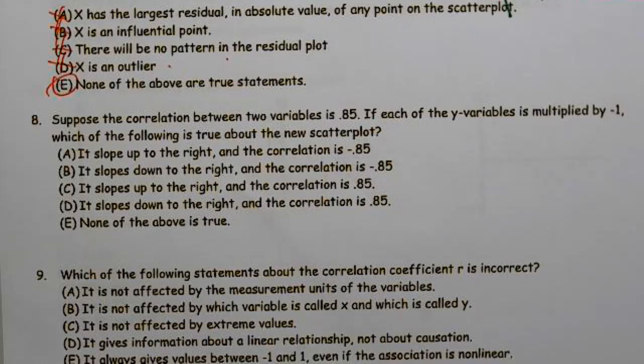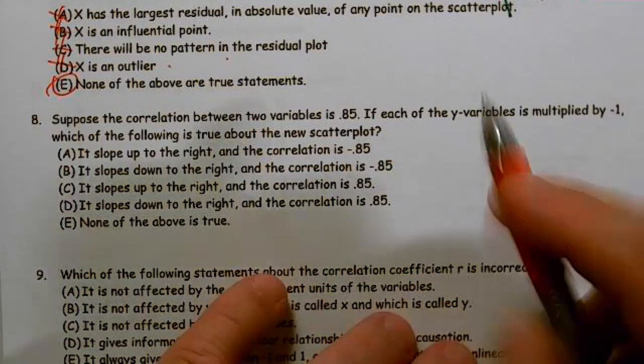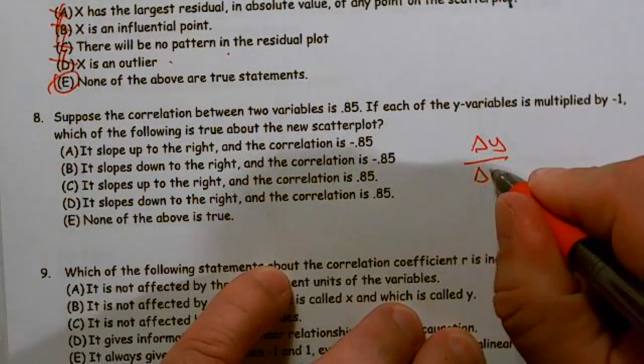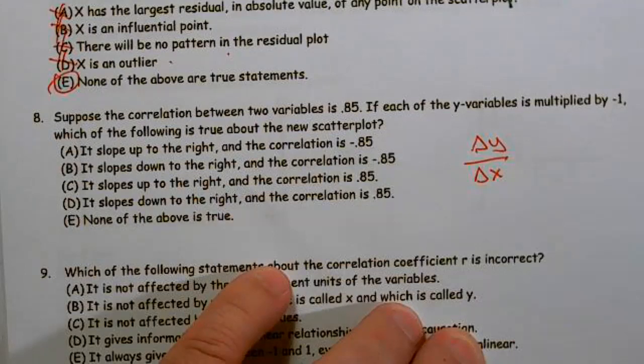The correlation level is not going to change because they all shifted together. So all we did is we're going to be just as close as we were to the regression line, but the direction of our line will change because we only changed one of the variables. Consider this. Once again, our equation for slope is change in y over change in x.